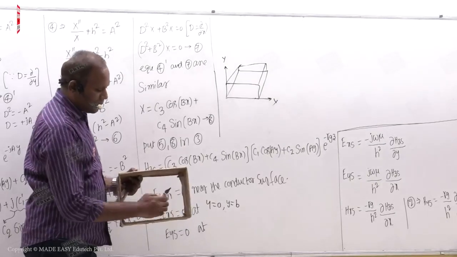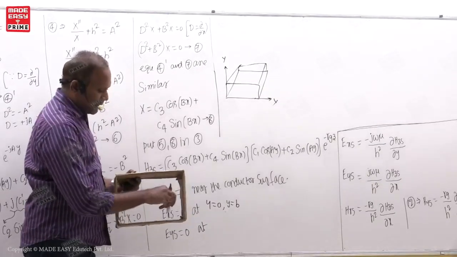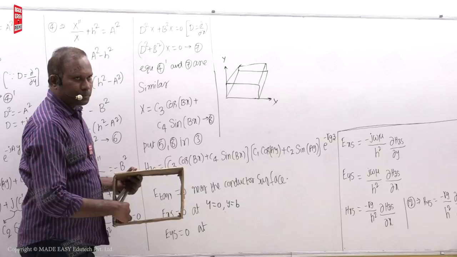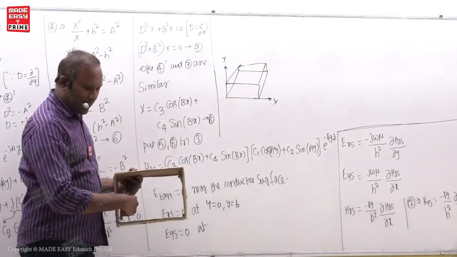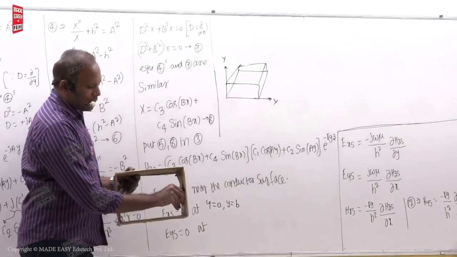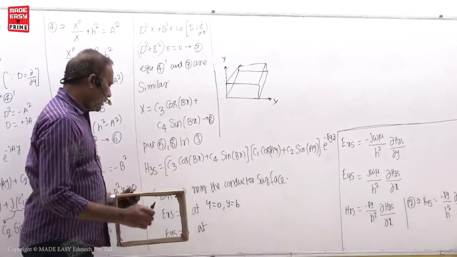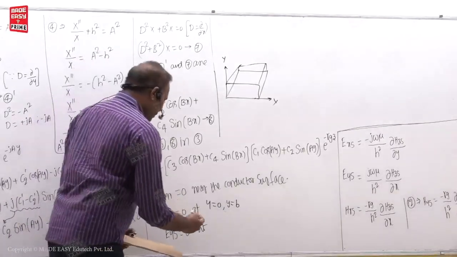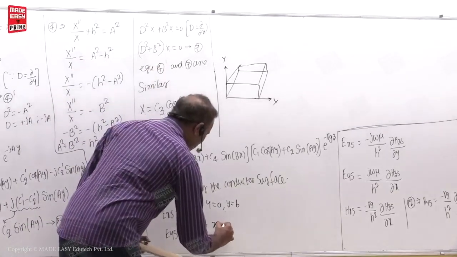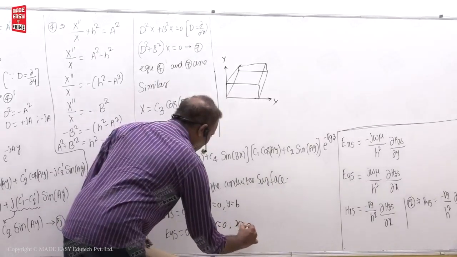That is the X is equal to A surface. So at the X is equal to 0 conductor surface and at the X is equal to A conductor surface, this EYS is a tangential component. Now the electric field tangential component is 0. So at X is equal to 0 and X is equal to A, dear students.